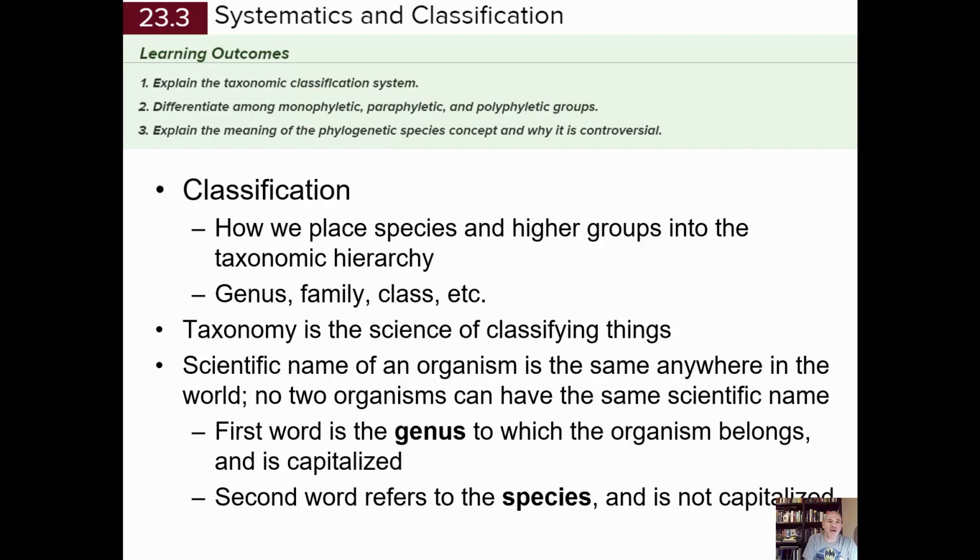So you're going to be able to explain that classification system. The science is called taxonomy, so it's a taxonomic classification system. And when we do this, we're going to find that these terms that connect the taxonomy to the systematics apply. Some groups that we classify are going to be monophyletic, some will be paraphyletic, and some will be polyphyletic.